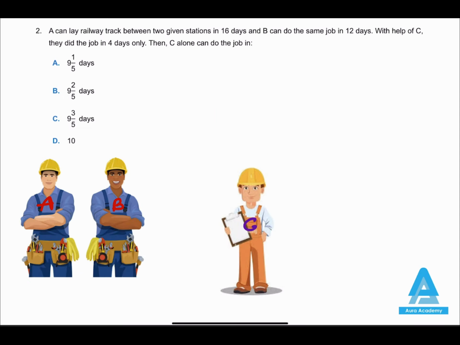Now consider another question. In this question also we are going to find out: C alone can do this job in how many days. So first of all, find out how much work is done by A in a single day, how much work is done by B in a single day, and how much work is done by C in that single day.